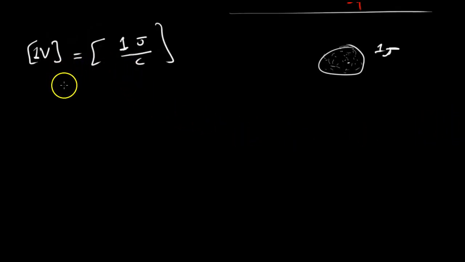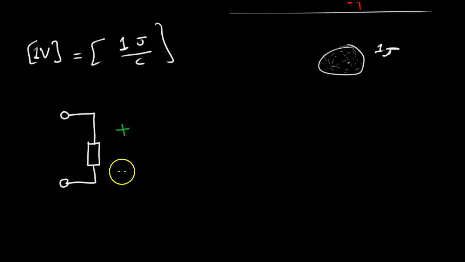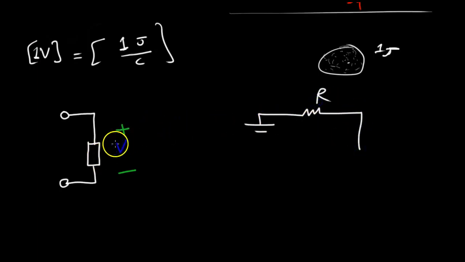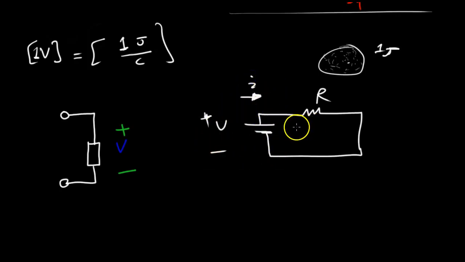As far as the engineering goes, we only need to worry about something called the passive sign convention. If you have some element with a voltage across it, remember, as we defined earlier, if you have a resistor and a voltage source, we assume it's a conventional current, going from positive to negative, as we talked about in the first video on current.